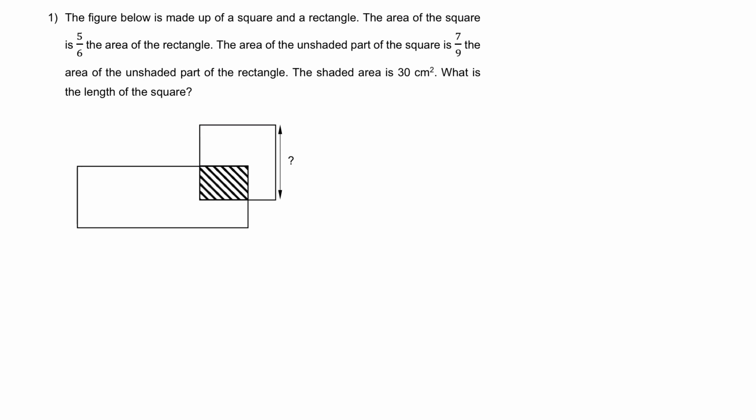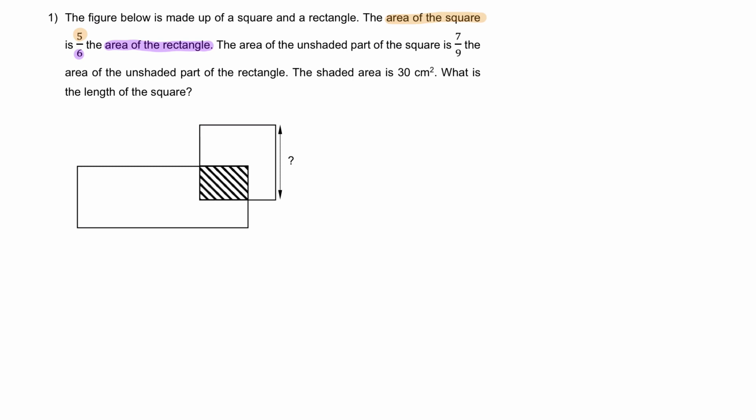Before I start explaining why it is a ratio constant difference kind of question, let me just highlight. The area of the square is 5 and the area of the rectangle will be 6.